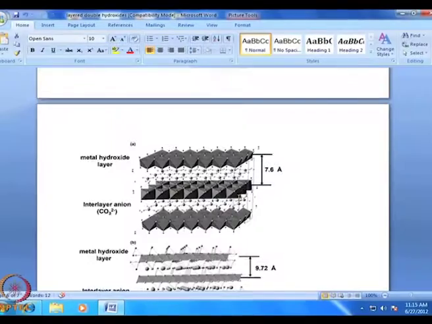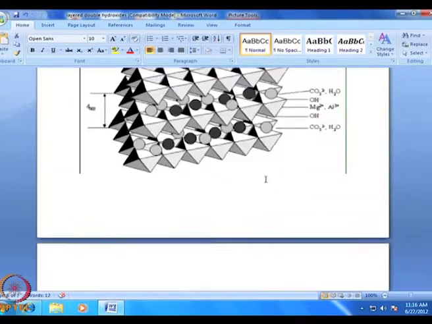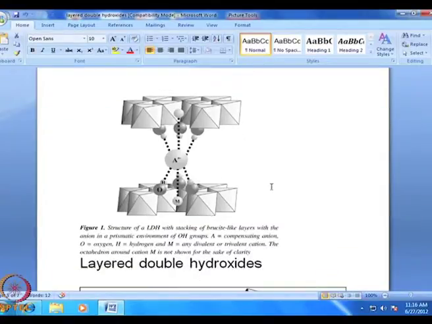I am again reverting to this diagram to say that the size of this anion controls how far these brucite layers can be.